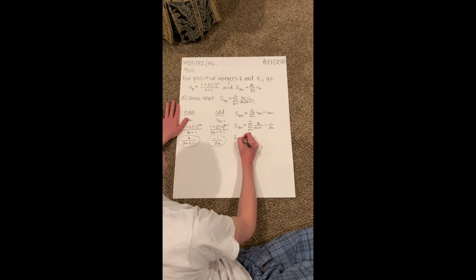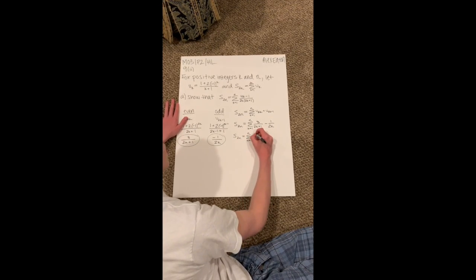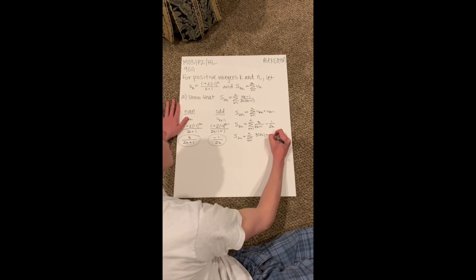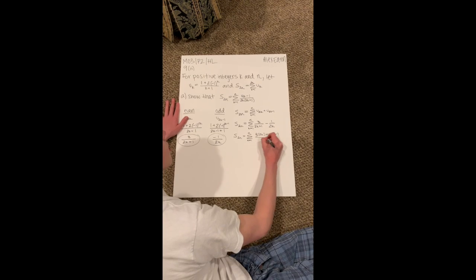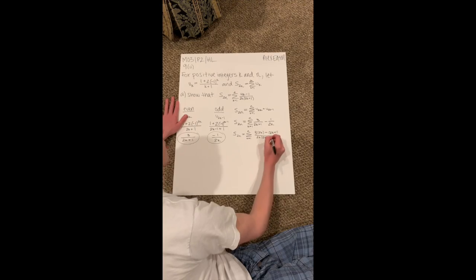So the sum to 2n equals the sum from k equals 1 to n of 3 times 2k minus 2k plus 1, all over 2k times 2k plus 1.